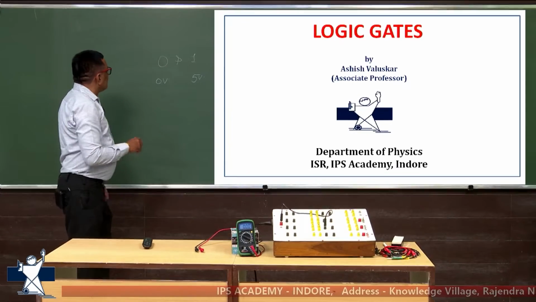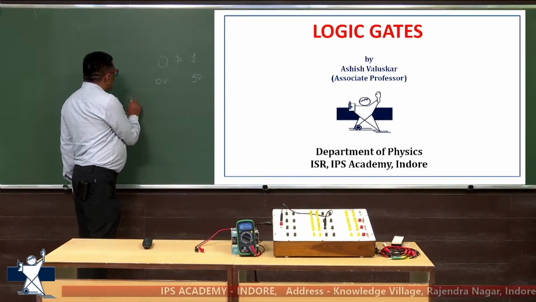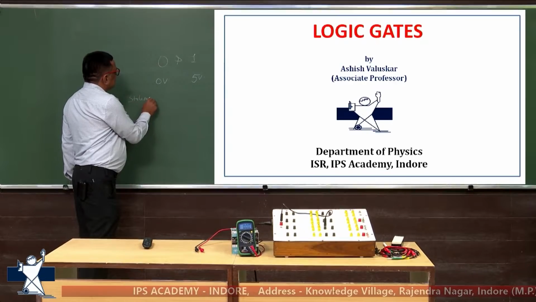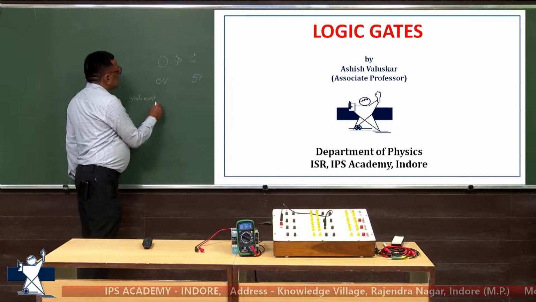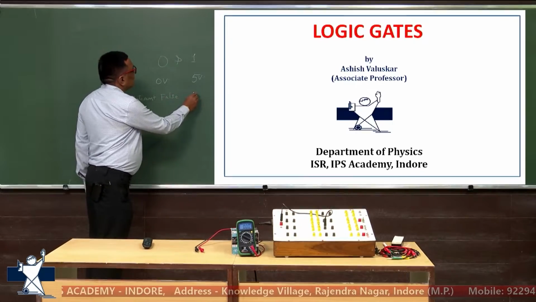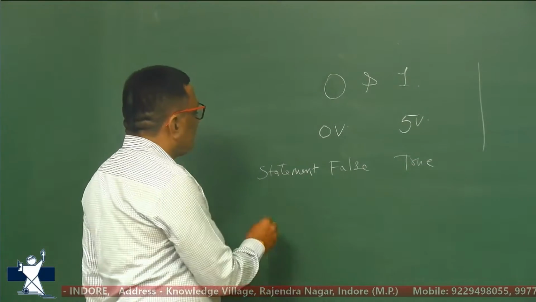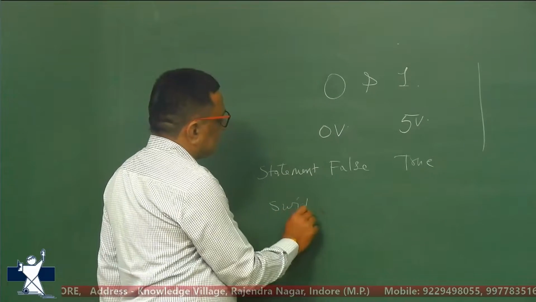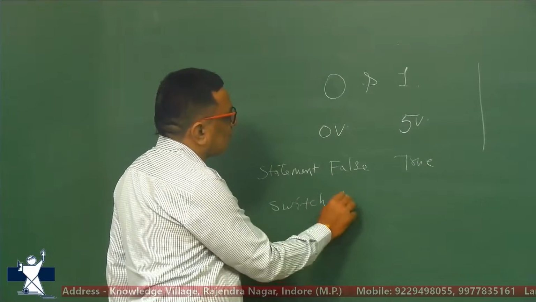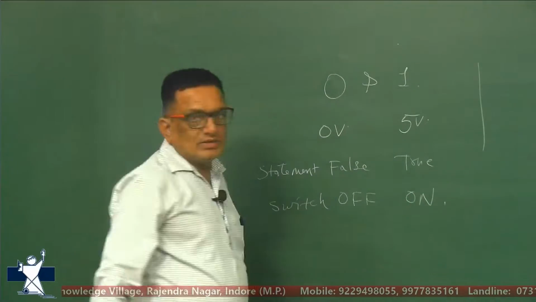If we talk about a logical statement, 0 means false and 1 means true. If we talk about a switch, 0 means off and 1 means on.